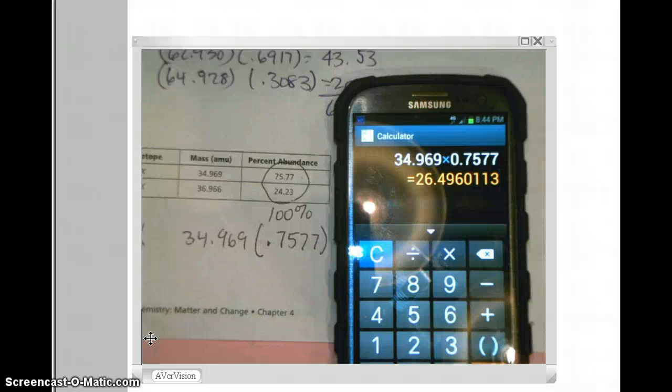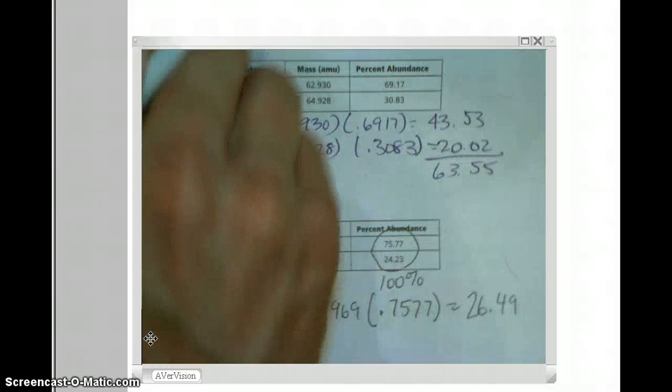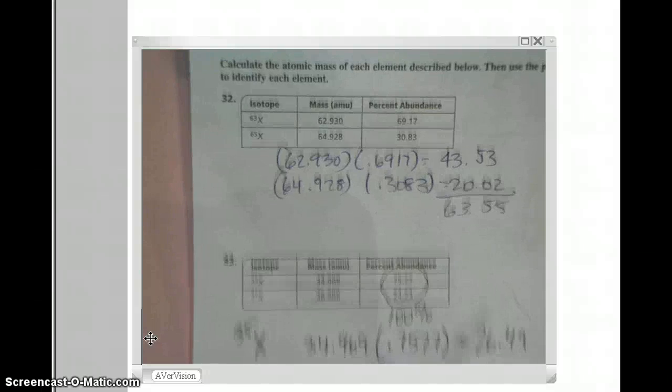Boom! 26.49%. Oh, I'm sorry, 26.49 grams. So 26.49 is how much this contributes at this percentage.